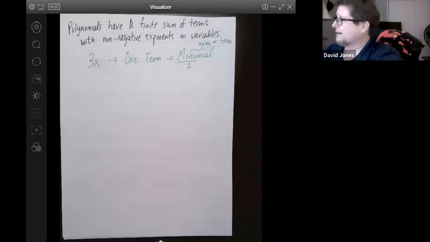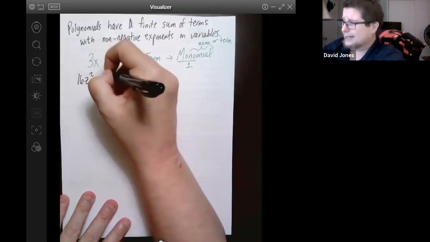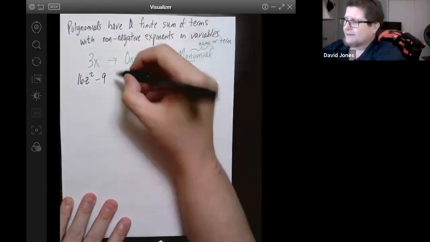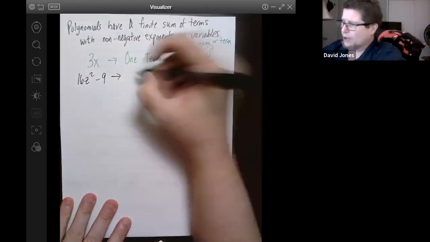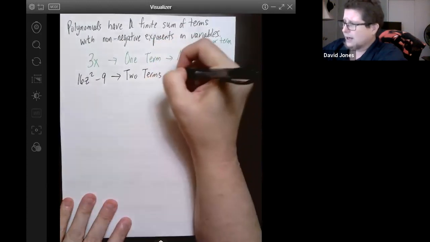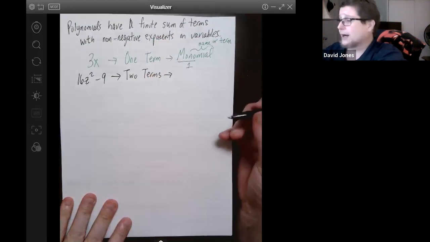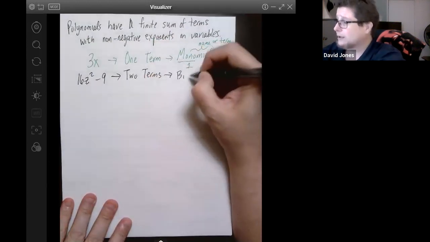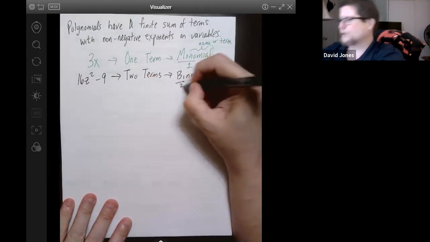We could have 16z squared minus 9. Doesn't have to just be x's, any variable will work. Here I've got two terms. Just like a bicycle, bi means two. This is a binomial.